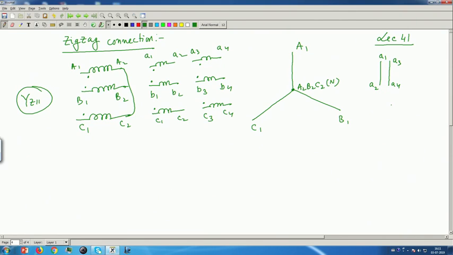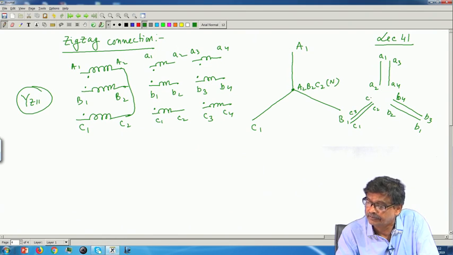Similarly, B1, B2, B3, B4, and then finally, these 2 parallel to C phase, C1, C2 and C3, C4.